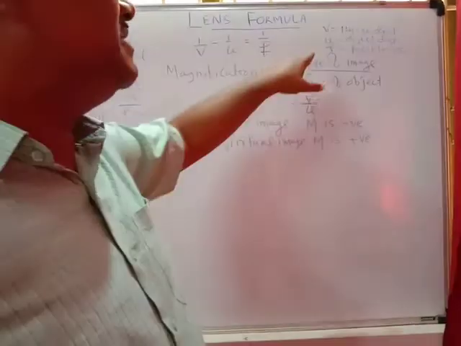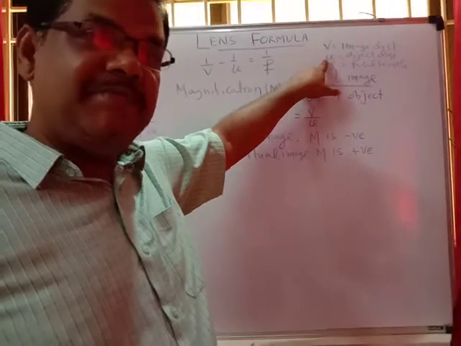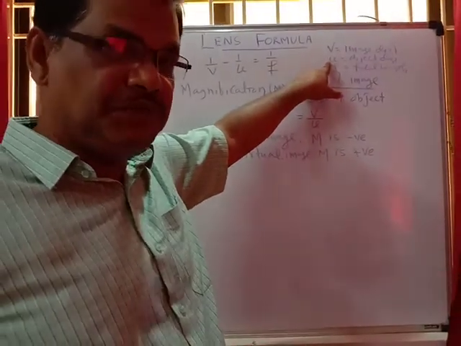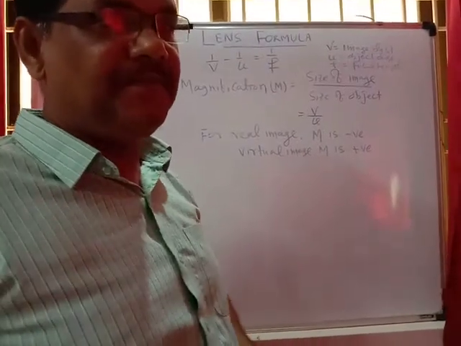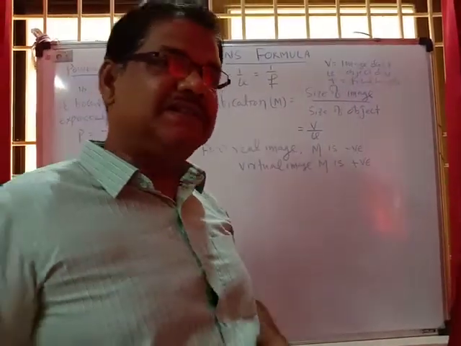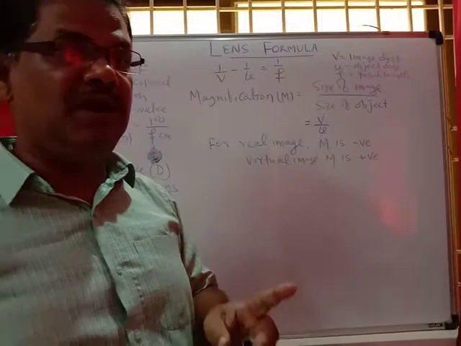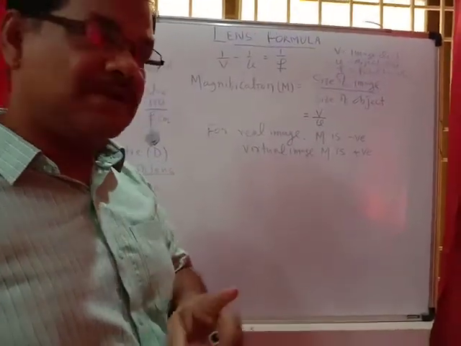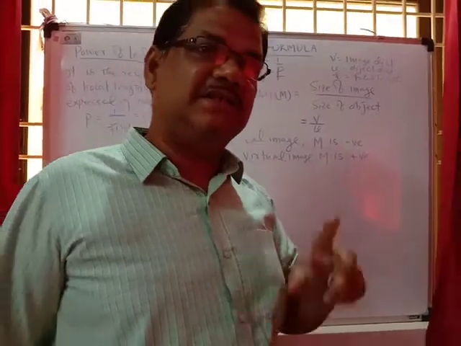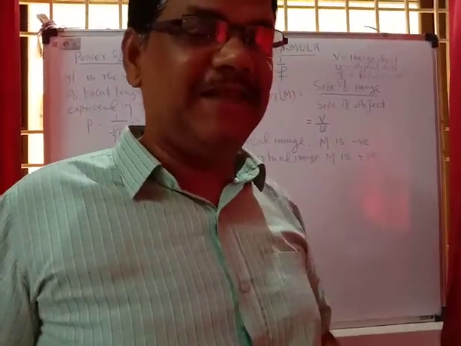Sign convention means that for any type of lens, the object distance U will always be taken negative. For a convex lens, the focal length is considered positive. For a concave lens, the focal length is taken negative.